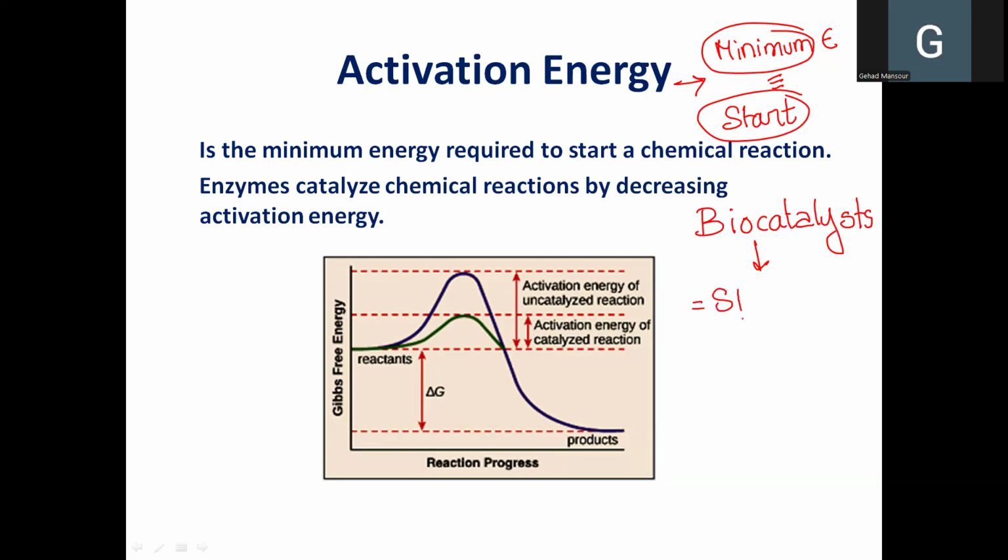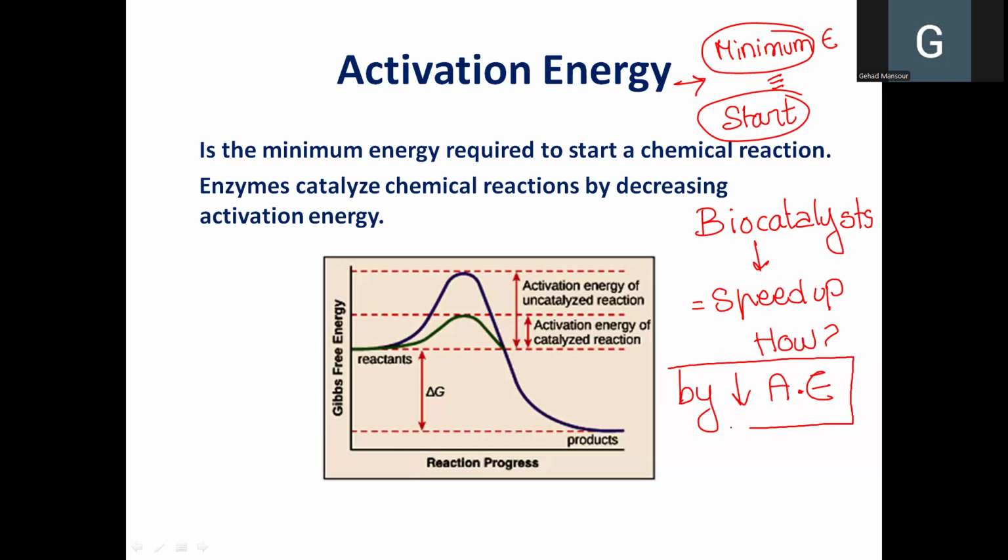How? By decreasing or minimizing the amount of activation energy needed to start the reaction. So instead of waiting for a long period of time until we reach the amount of energy needed, just a small amount of energy is required to start the reaction.